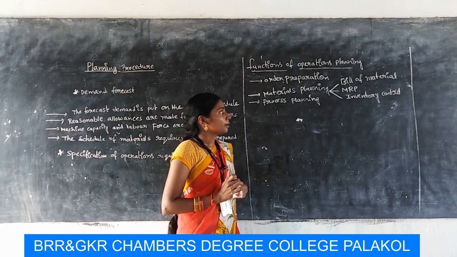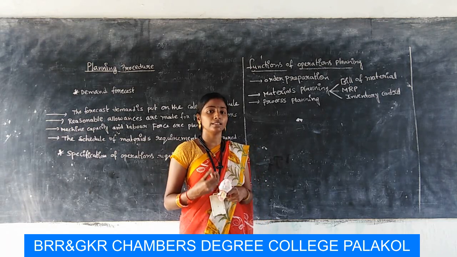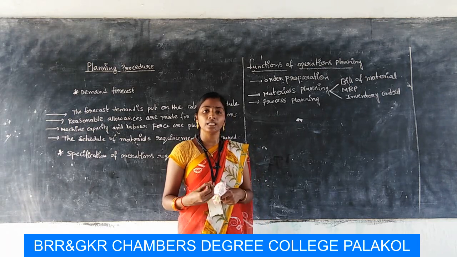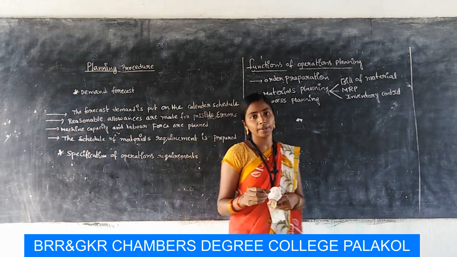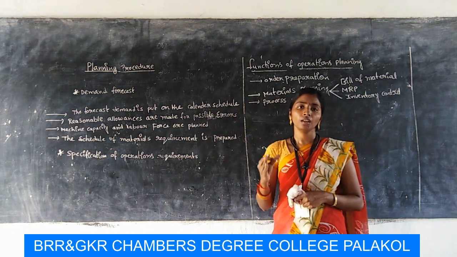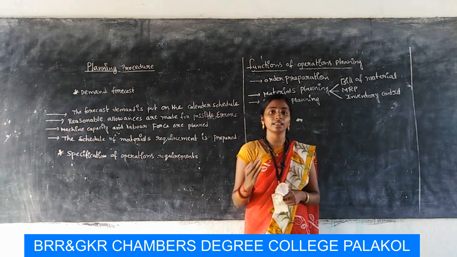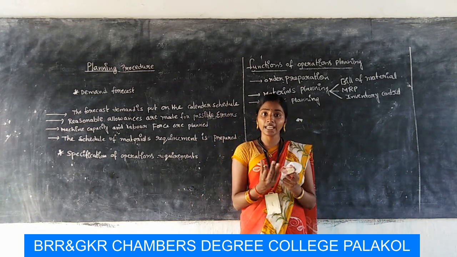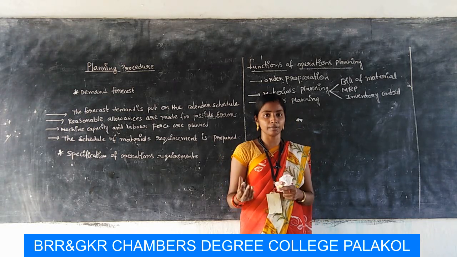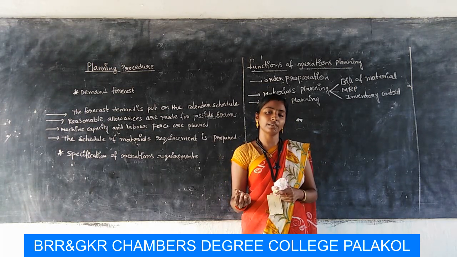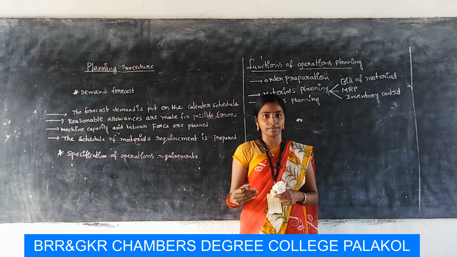The first one is bill of materials. Here the materials are kept in stock, and the final assembly or final stock is converted into major assemblies. Those major assemblies are converted into sub-assemblies. Sub-assemblies are converted into items.